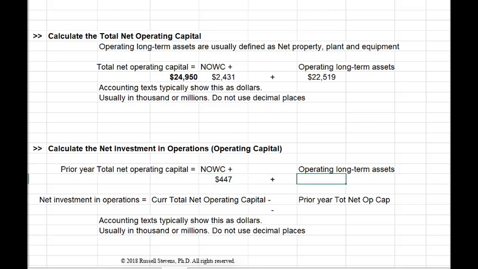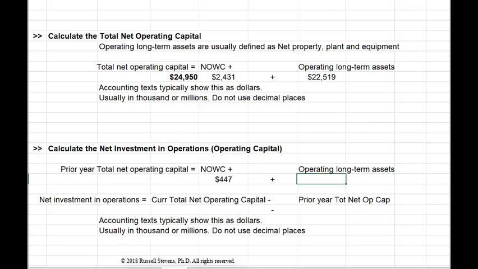These are the numbers from the last year and correspond to the current year as demonstrated above. As you will note, the last year's net operating working capital is $447,000 without the trailing three zeros.